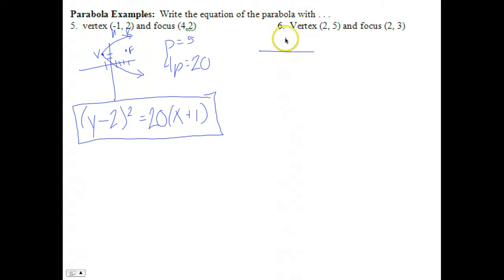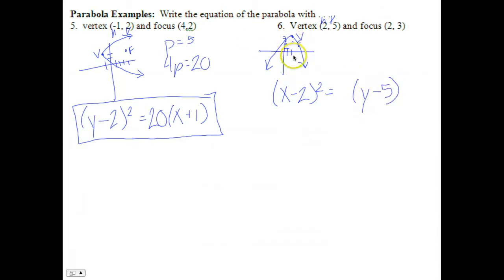All right, welcome back. So once again, a brief sketch for number 6. We have a vertex at 2, 5, and then our focus is at 2, 3. So the parabola is opening down, so that means our x value is squared. So we'll have x minus 2 squared equals some 4p value times y minus 5.